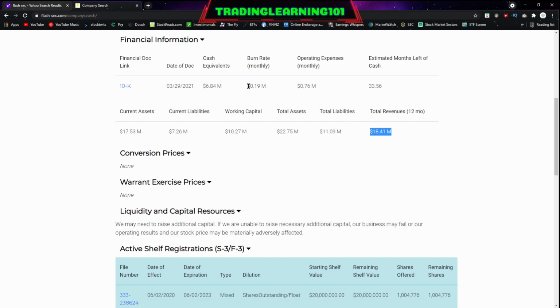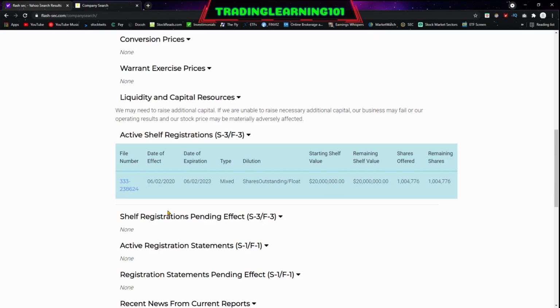Their burn rate is super low. That's really good. And they have cash on hand. So the next area I'm going to go to is to see if they have any active shelf registrations, active shelves, at the market offerings, anything like that.